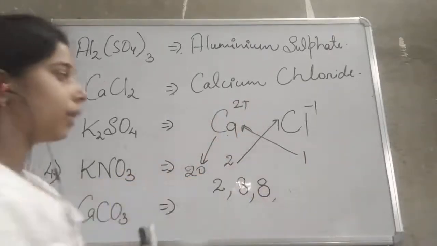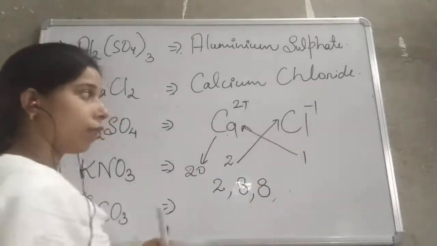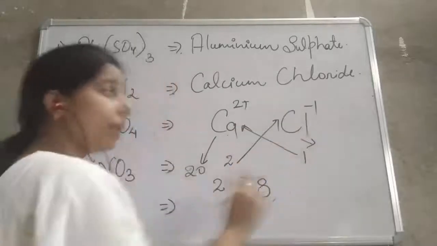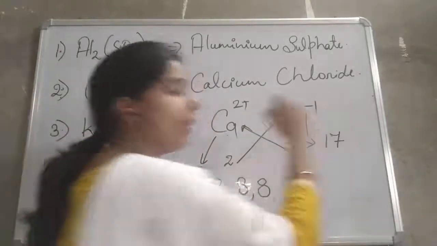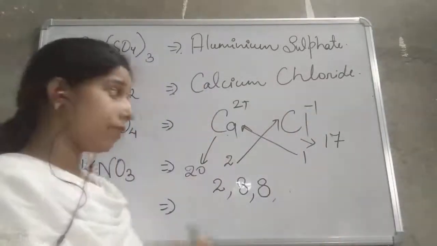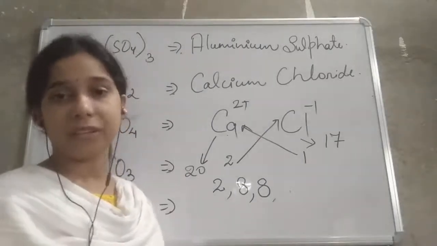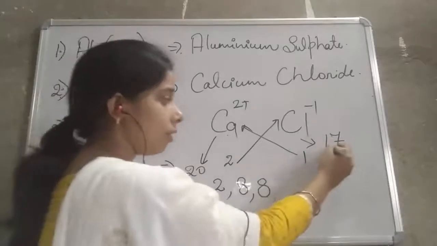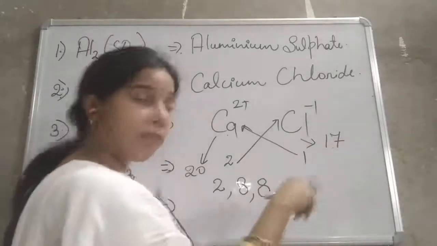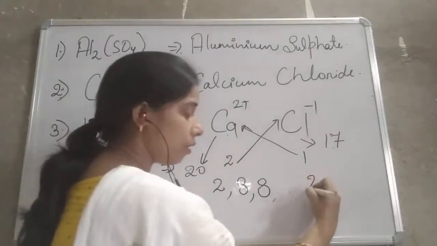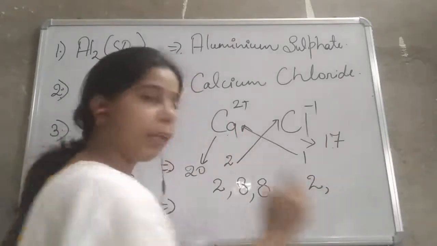Now let's talk about chlorine, students. The atomic number of chlorine is 17. If we want to find the valency with the help of the electronic configuration, see here, from 17, 2 electrons will enter into the first shell. The first shell can accommodate only 2 electrons.